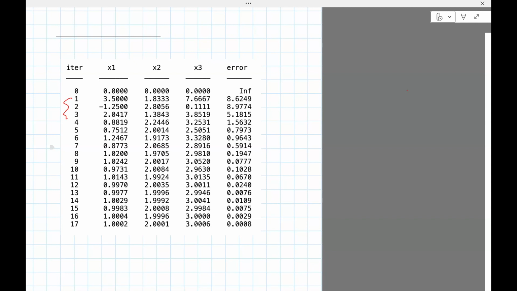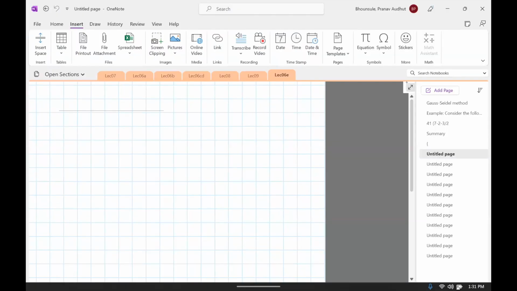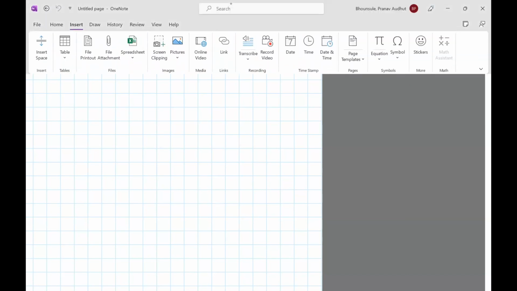I'm going to show you one which is even better than this. This is the last one, and then we are done with this chapter. It's sort of a mixture of the first two methods. It's called the relaxation method.